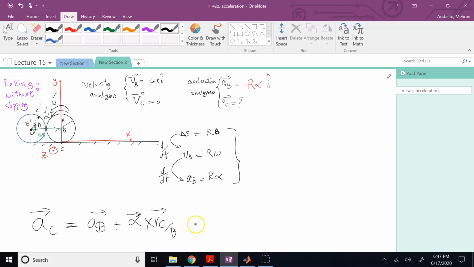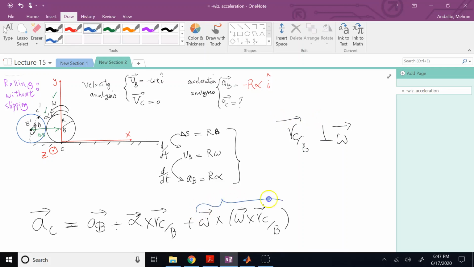And here I can either say plus omega cross R of C with respect to B, or because in this case R and omega are perpendicular to each other, so these two vectors are perpendicular because it's a 2D case, I can also say this whole thing is equal to magnitude omega squared r of C with respect to B, okay?